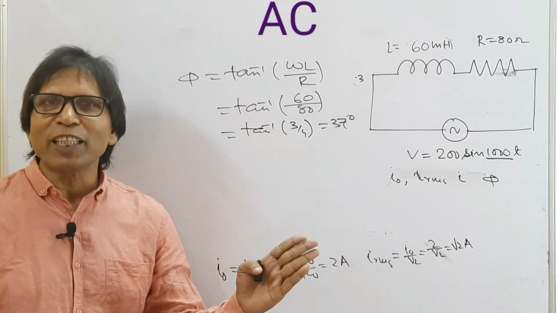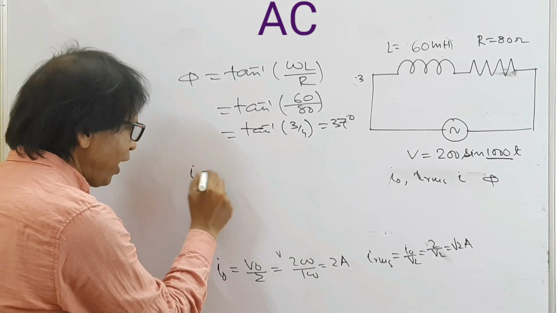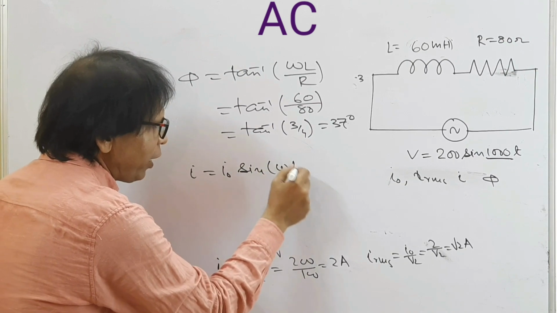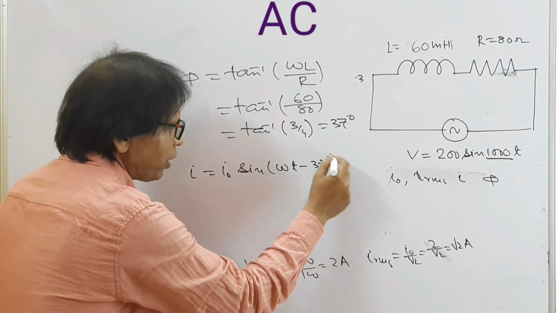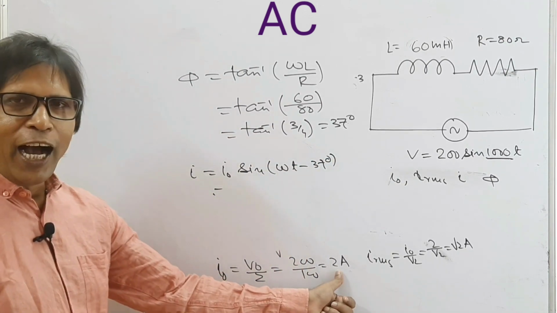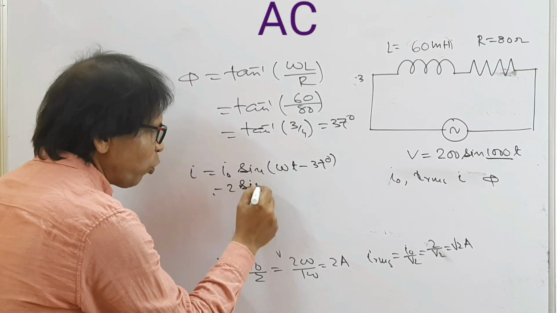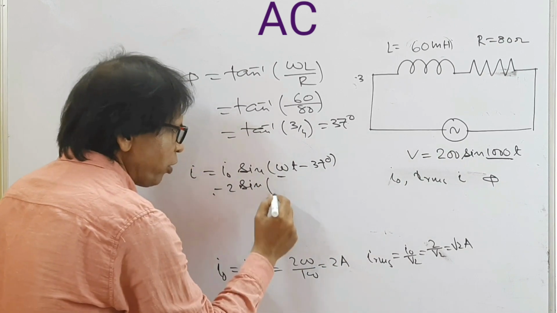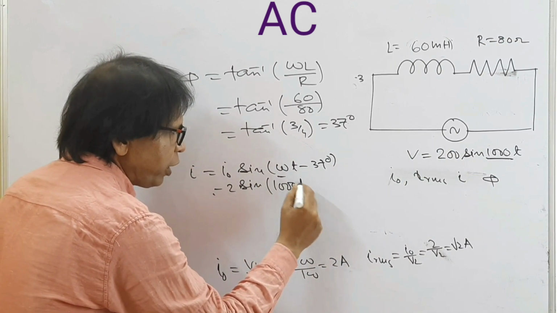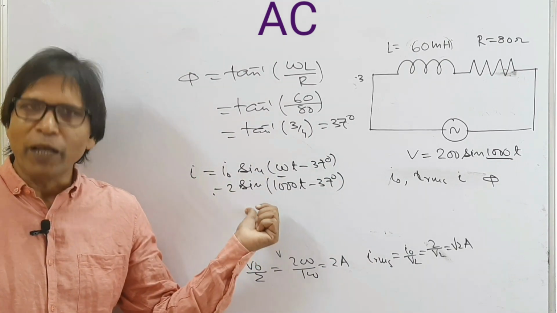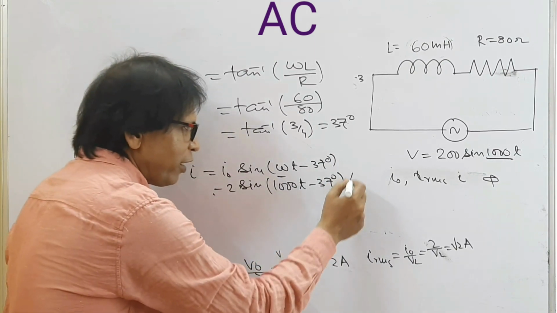So the instantaneous value of current I equals I naught sine omega t minus 37 degree. Now what is I naught? I naught equals 2 ampere. So this is 2 sine, and what is omega? Omega equals 1000. So 2 sine of 1000t minus 37 degree is the instantaneous value of current.